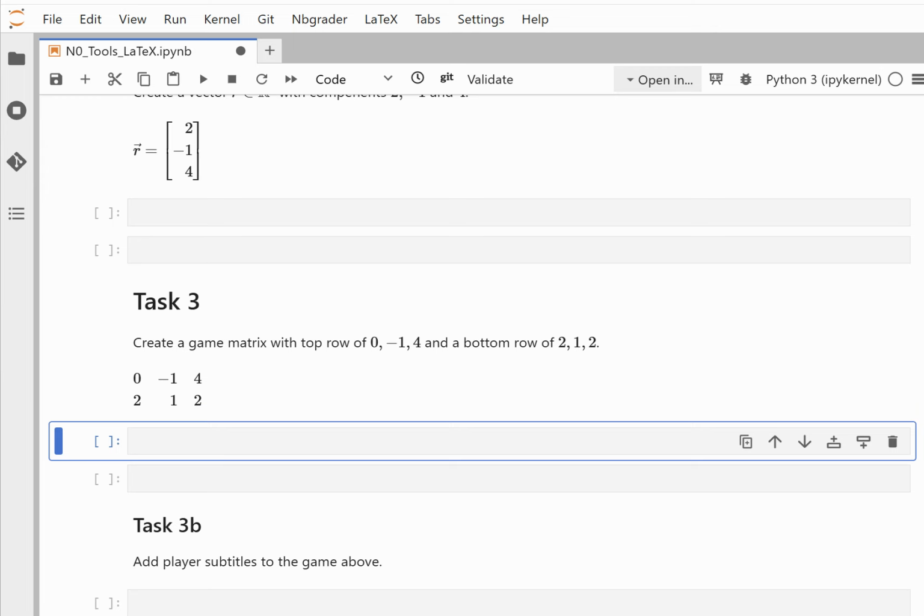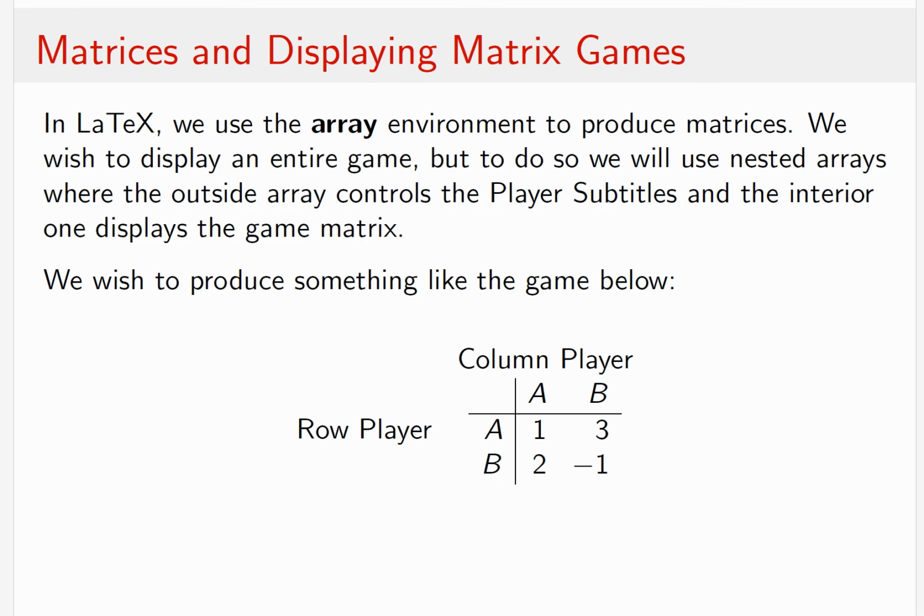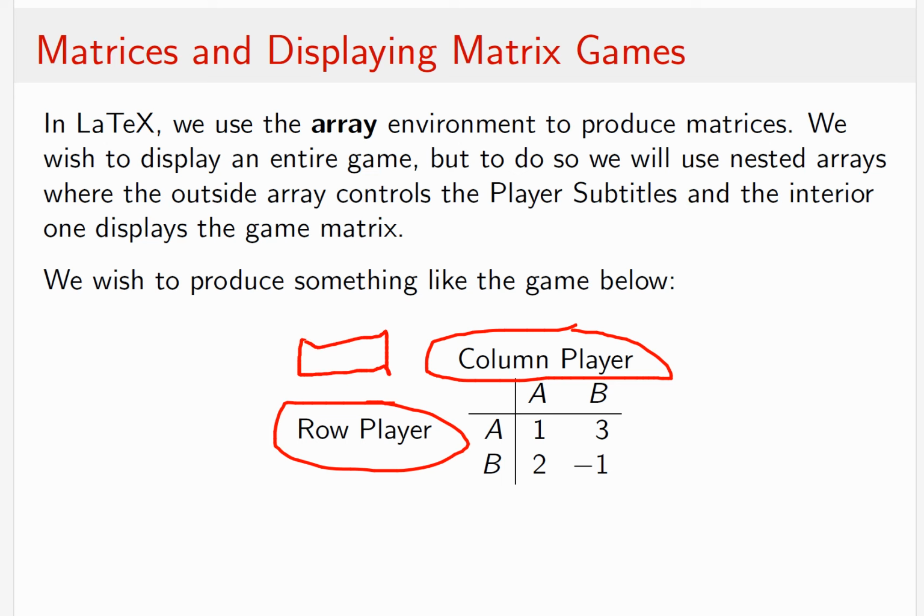All right. So add player subtitles to the game above is what we want to do, right? We want to have the row player subtitle out here and the column player subtitle out here. And I'm just going to say that this is a nested array. I have a 2 by 2 array, right?